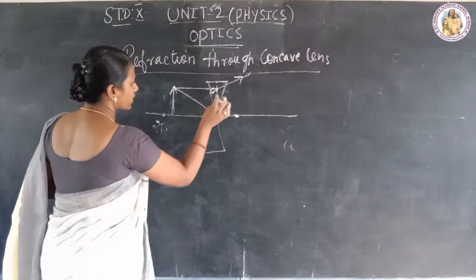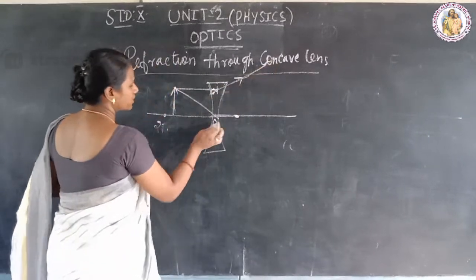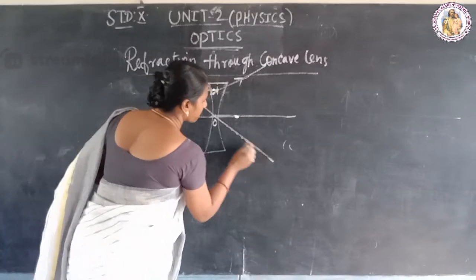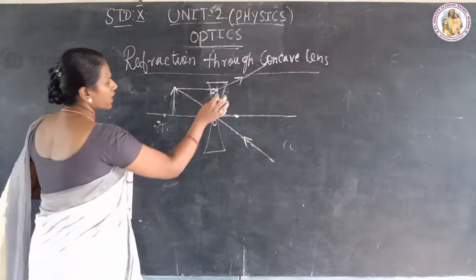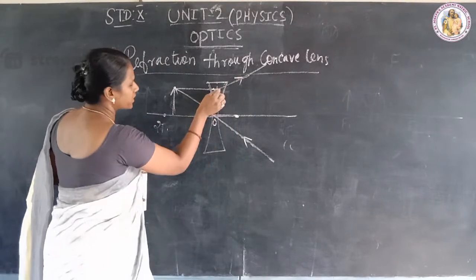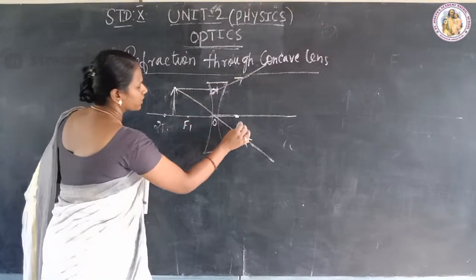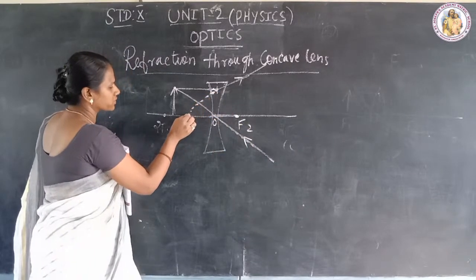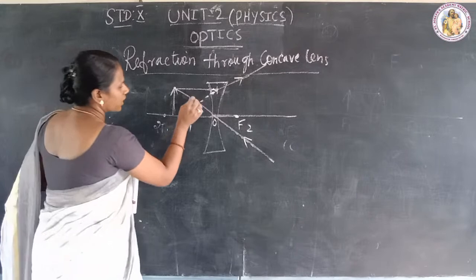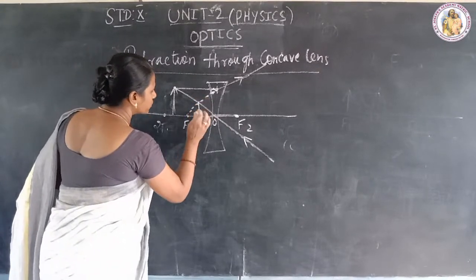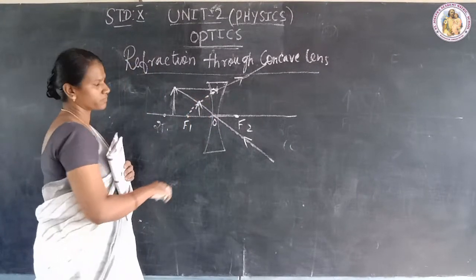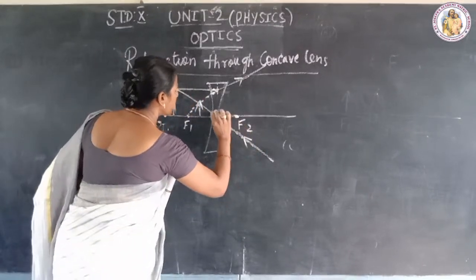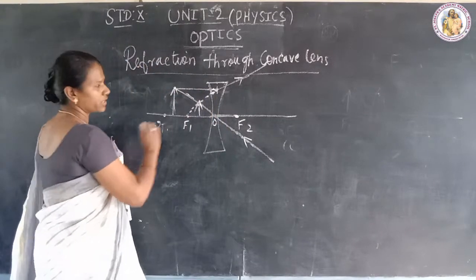After refraction, this ray is diverged and the other goes through the optical center. If we extend the refracted rays backward, the intersection of the two rays makes the image. If we extend it here, where must they meet? Here, right?